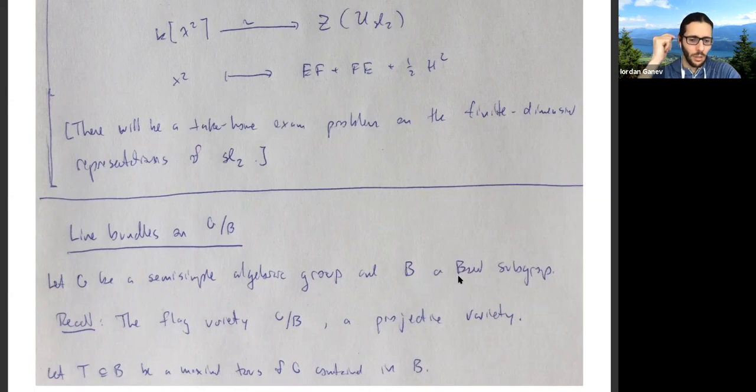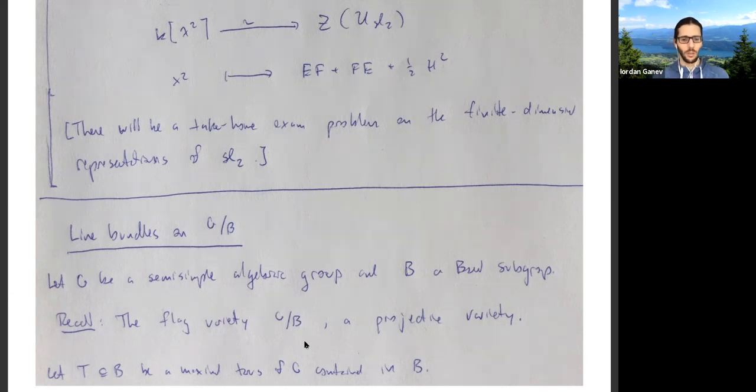We talked extensively about the case of SL2 and more generally GLN. The flag variety in those cases parametrizes certain subspaces of vector spaces. So the flag variety for GLN is the set of all complete flags.